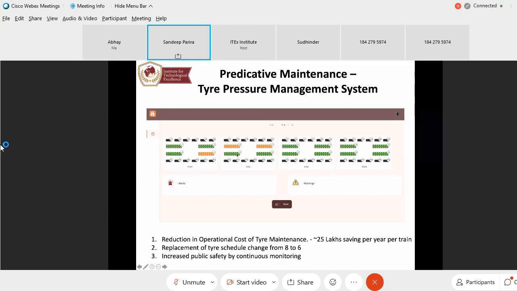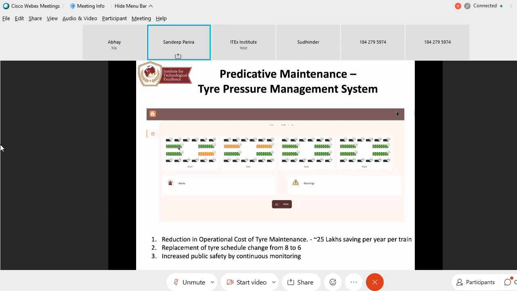As you can see, this is one of the cars. You can think of the car as a bogie. We have represented it here, and this is a RAG table. Online, you get whether it is green or not. Generally, we check the pressure and temperature, or the combination of these, inside the tire to see whether it is safe enough, right?